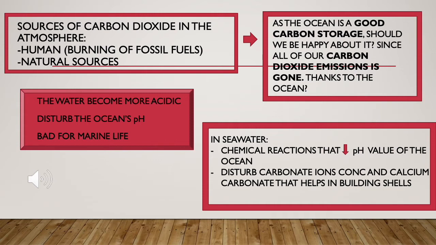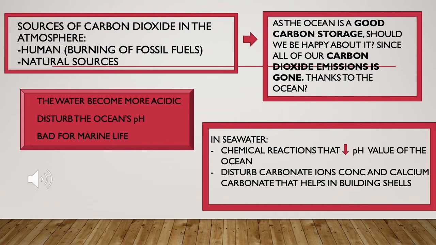At first, scientists thought this might be a good thing because it would leave less carbon dioxide in the air to warm the planet. But instead, when carbon dioxide dissolves in seawater, the water becomes more acidic and it disturbs the ocean pH. This issue is very worrying because the salinity of the ocean is very important in maintaining the balance needed for animals, especially in making strong shells.